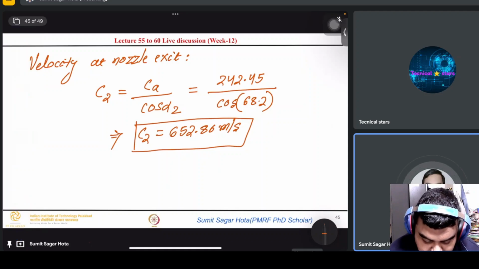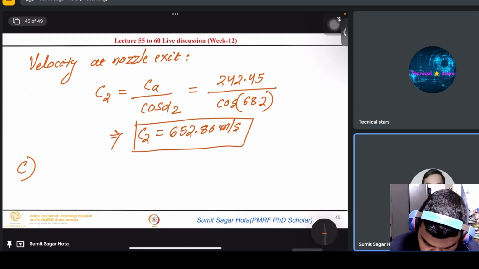So what is the static temperature at the nozzle exit?